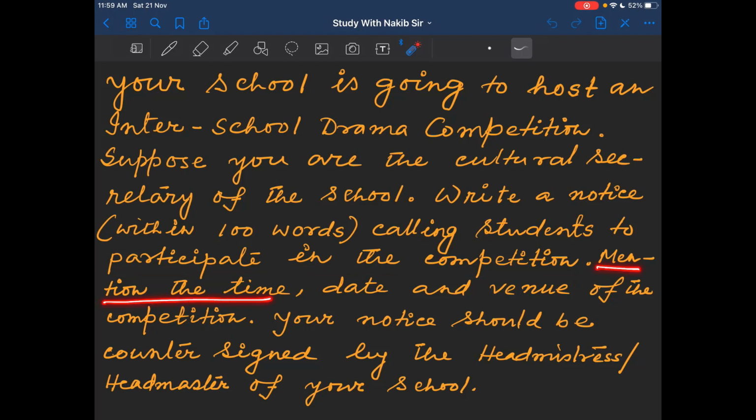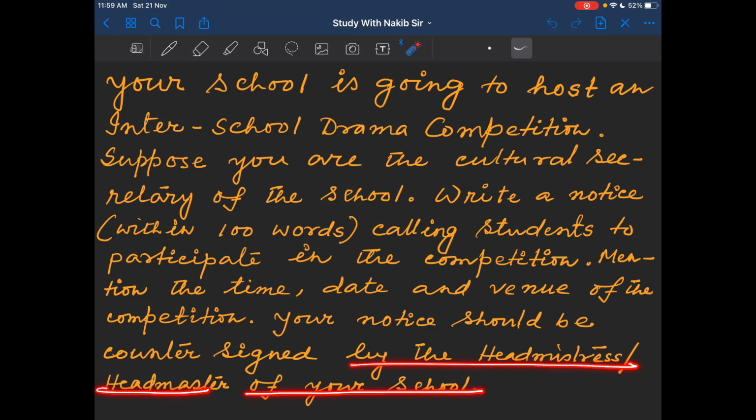Mention the time, date, and venue of this competition. Your notice should be countersigned by the headmistress or headmaster of your school. Copy this instruction in your copybook.